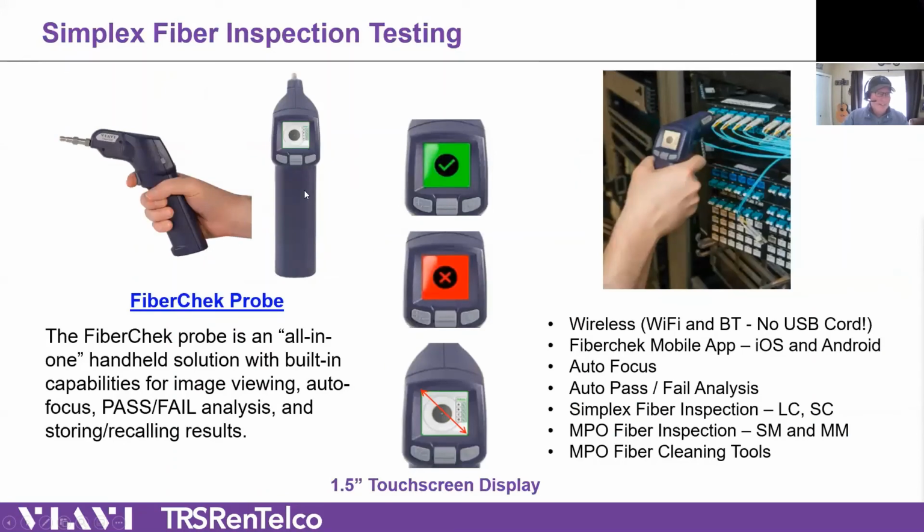It's got a battery, it's got a flash drive, it's got an onboard little Raspberry Pi, I guess, I don't really know. But you pull the trigger, it will autofocus, and it will give you your results right on the screen. So you'll know if you passed or failed. You don't have to carry anything other than a battery charger because it takes a USB battery charger like everything else. Still works with the PC, still works with all the instruments. You just don't need them, right? And it'll restore and record and all that fun stuff.